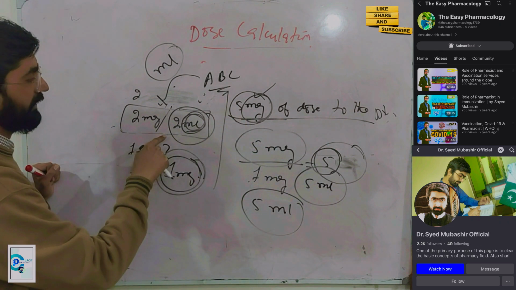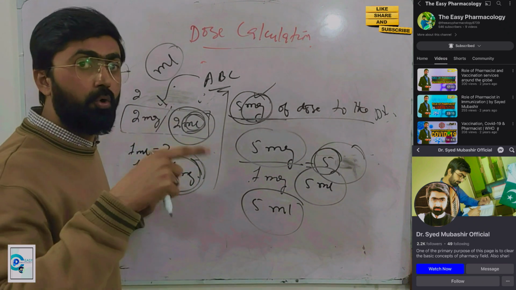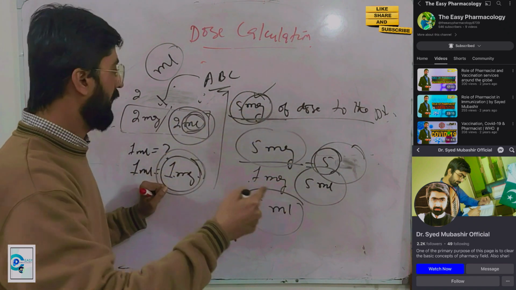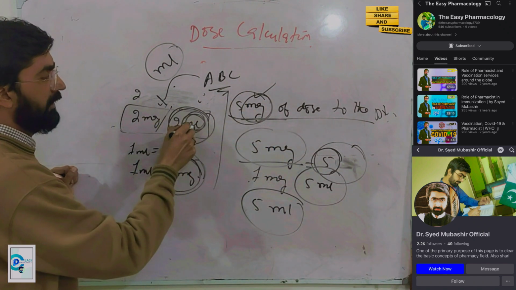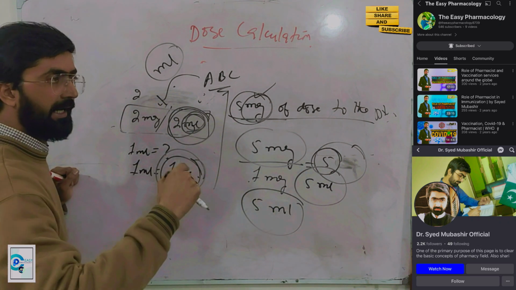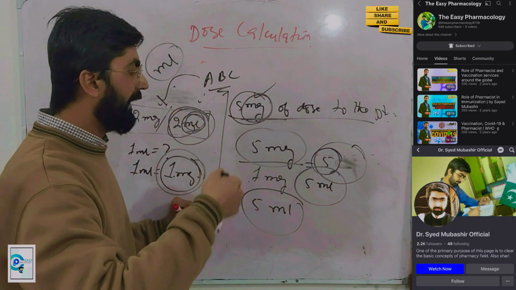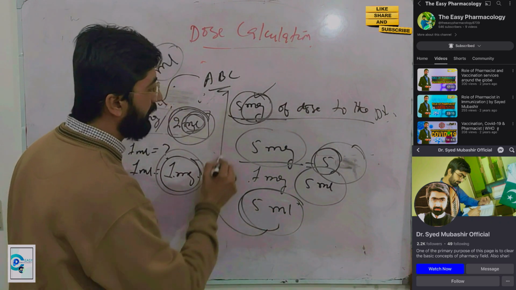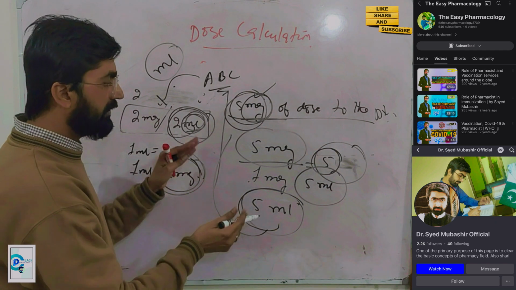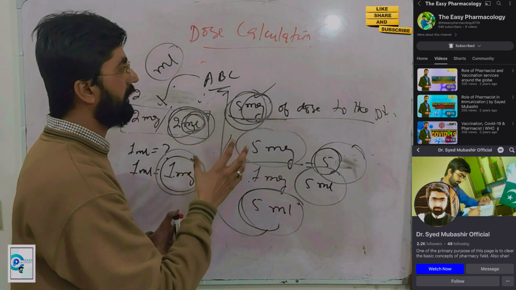But here the ampoule is of 2 ml, which means there is a need of one more ampoule and a half more, because this ampoule is a total of 2 ml. So you have to give the second ampoule of 2 ml, which will be 4 ml, and even half of a third ampoule to make the volume 5 ml and inject it to the patient to give the dose of 5 milligram. So this is the simplest way to calculate injectables.